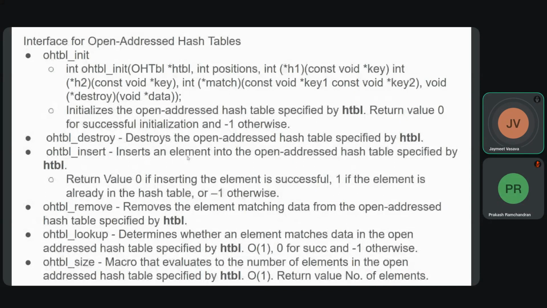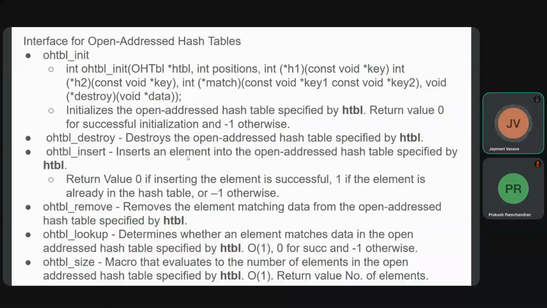The init function will be initializing the open address hash table, with a return value of 0 if it's successful in initializing it, and -1 if it's not. The destroy function destroys the specified hash table. The insert function inserts an element into the open address hash table: 0 if inserting the element is successful, 1 if the element is already present in the hash table, and -1 if it's a failure.